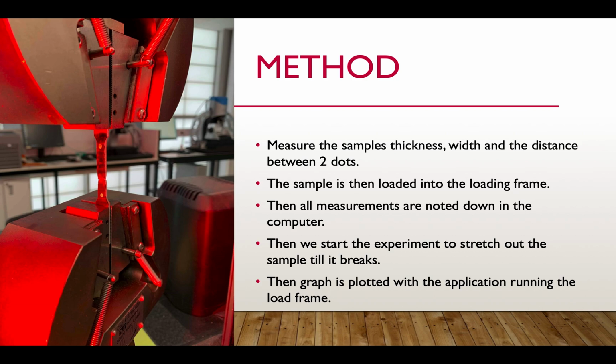We first have to put two dots on the specimen to mark the distance that is being stretched. The sample is then loaded into the loading frame. Then all measurements are noted down in the computer. As we start the experiment, the specimen is stretched until it breaks. Then a graph is plotted with the application running the load frame.